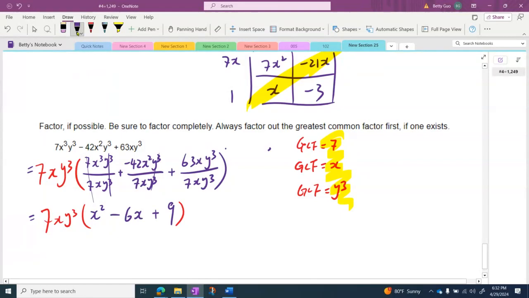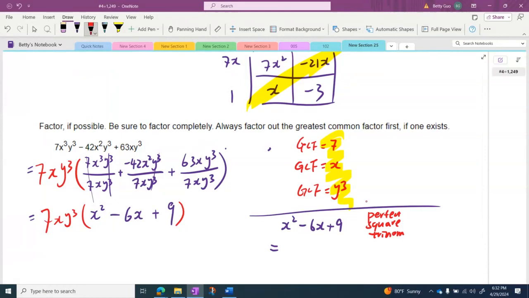This one is challenging, but it's doable. So in the parentheses, we have x squared minus 6x plus 9. It is a perfect square trinomial. How do you know? Because 9 is 3 squared.